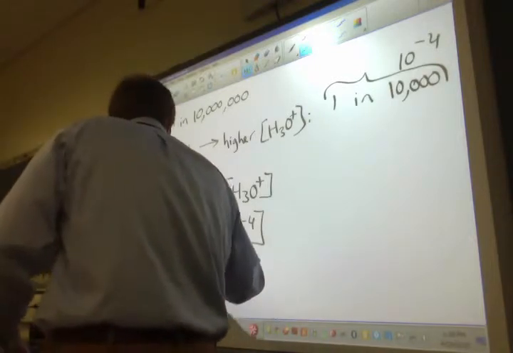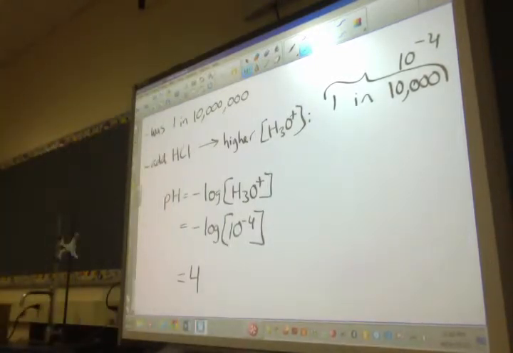Wait, so how is the log negative? Because the log of 10 to the negative fourth gives you a negative number. But because we don't always deal with negative numbers, we just make the answer negative. And the reason the log ends up being negative is because 10 raised to the negative something power gives you a really small number. 10 raised to the something positive power, that's when you get your 10 million, your 100 million, your billion.